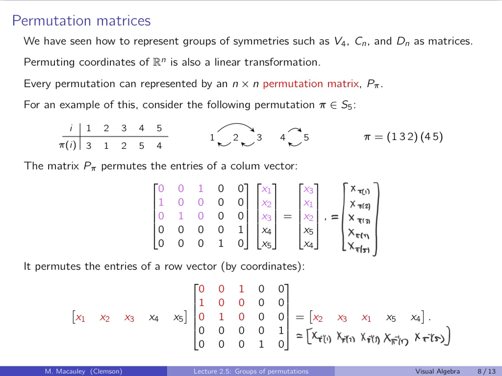Let's think about why that is. So x of pi inverse 1, what is that? It's x2. If I start at 1 and I go backwards, I get x2. If I start at 2 and I go backwards, I get x3. And if I start at 3 and I go backwards, I get x1.